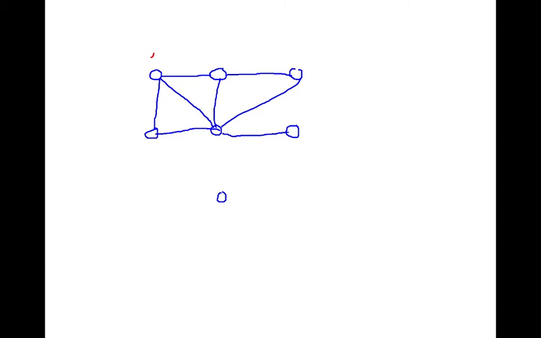For example, let's call them A, B, C, D, E, F, and G, right? So let us pick any edge, and let us call this edge B comma E, right? Now I have to find the weight of this particular edge.